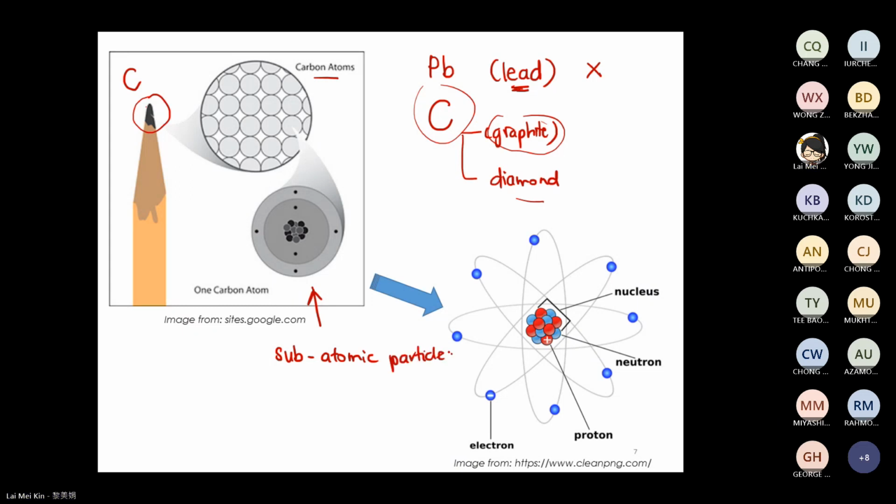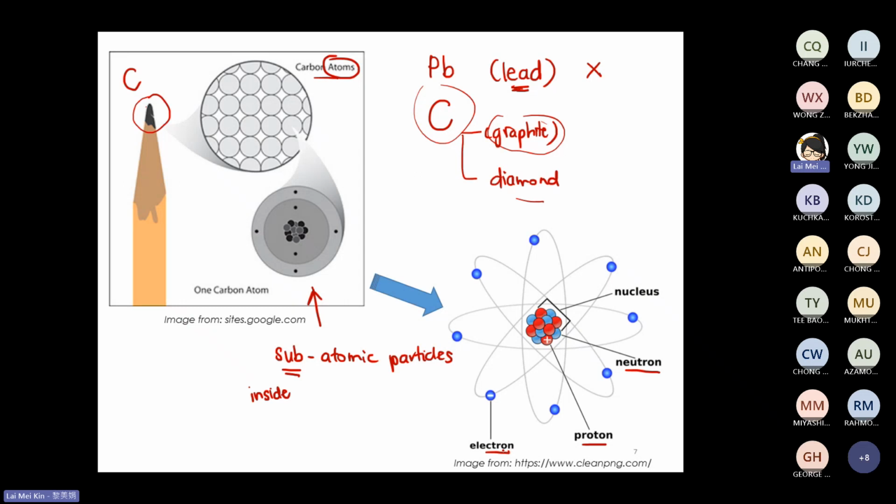subatomic particles. Okay, remember this is atom. All right, inside the atom, subatom. Okay, so sub means inside. So we call it subatomic particles. So what are subatomic particles? Subatomic particles are like your proton, neutron, electron.